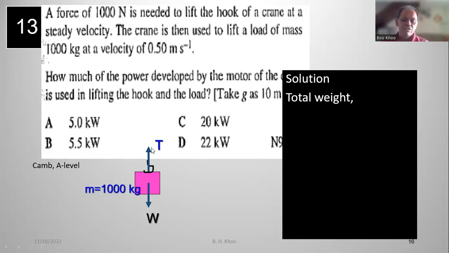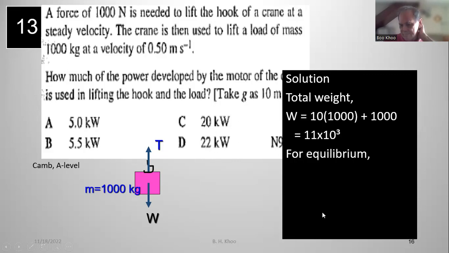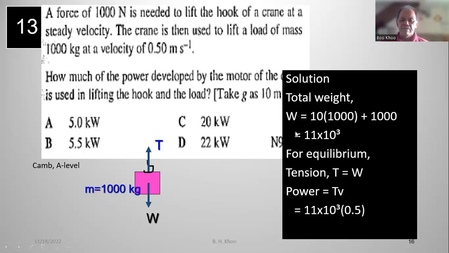The total weight W is the hook plus M times g, and that equals your tension T. So for equilibrium, the tension, or the applied force upwards, equals your W. And power is T times V. So T times velocity, or speed. Answer is B.